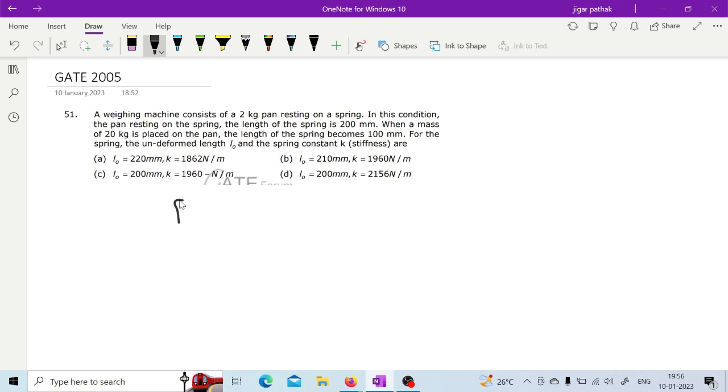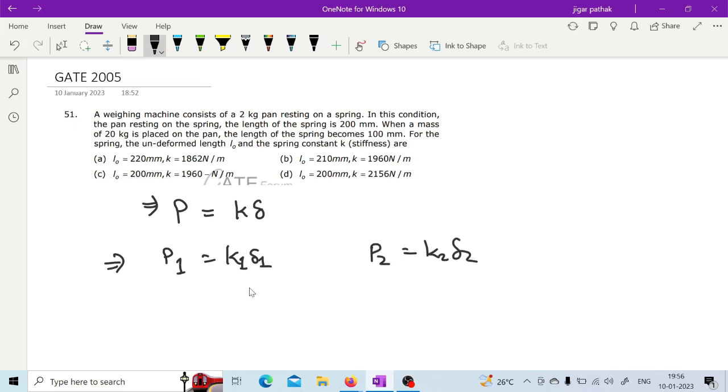If you take the load as stiffness into deflection, because stiffness is load per unit deflection, then you have two cases: P1 equals K1 delta 1 and P2 equals K2 delta 2.